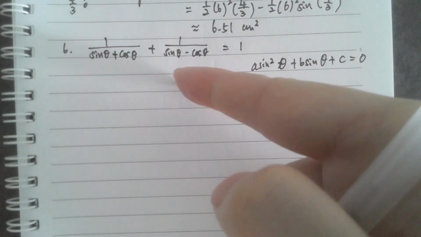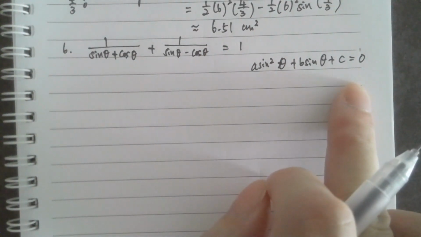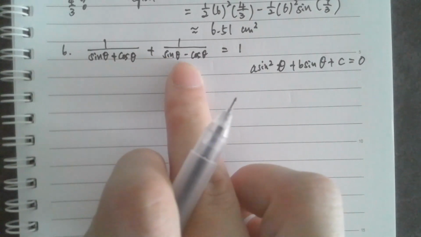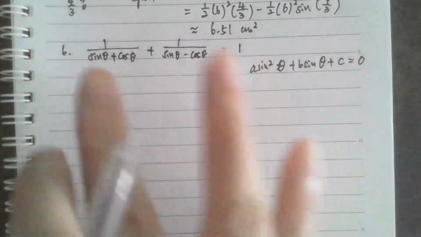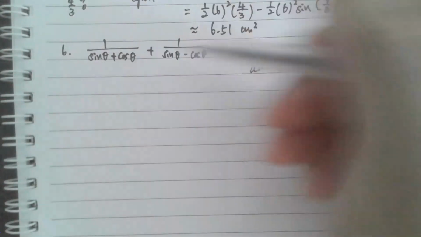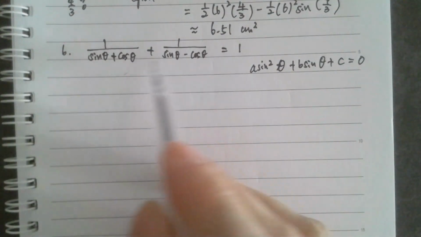So what we can do is simplify this step by step. First of all, we observe that there are 2 fractions here. So the easiest strategy would be to combine these 2 fractions first and see what happens. To combine the 2 fractions, the denominators must be the same. So you cross multiply.